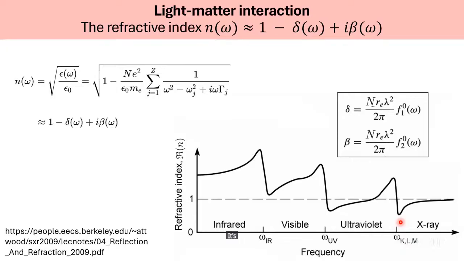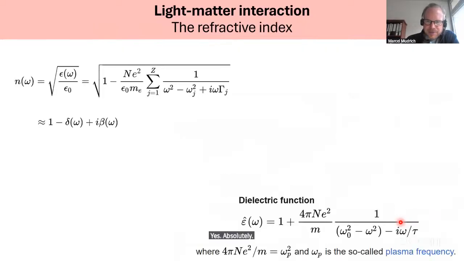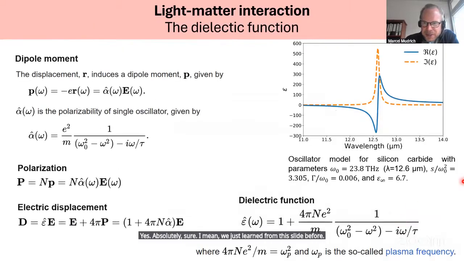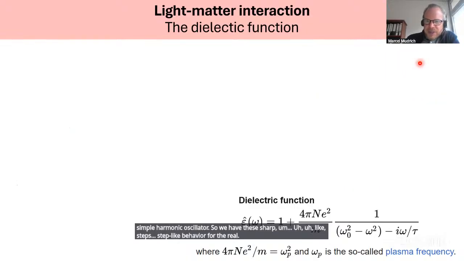It's because of the resonance frequency of different materials, right? Absolutely. We just learned from the slide before. This is exactly how it looks going across this one single resonance in our simple harmonic oscillator. So we have this step-like behavior for the real part of the refractive index.